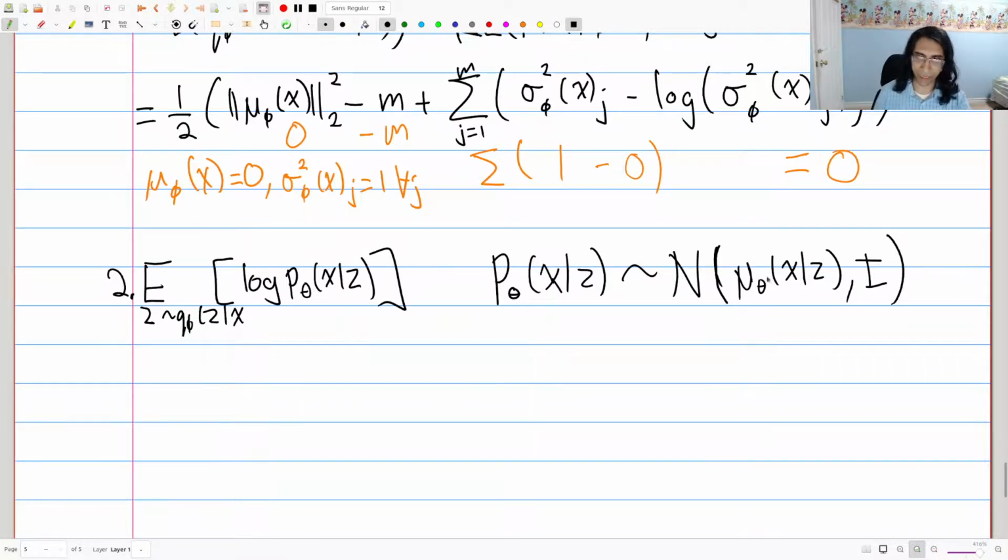Okay, but again, if we assume that this is a Gaussian, well, now we're just trying to compute the log of the PDF of a Gaussian, and this is very well understood.